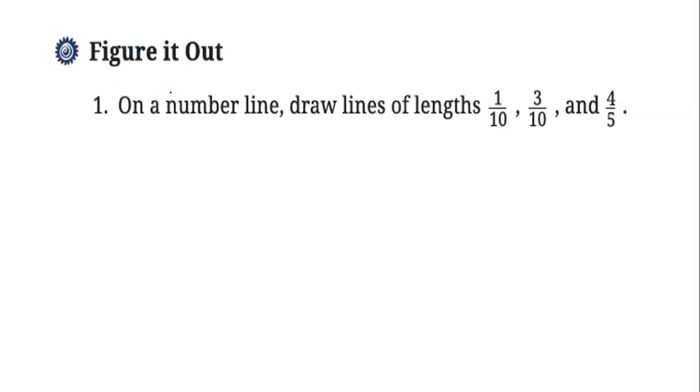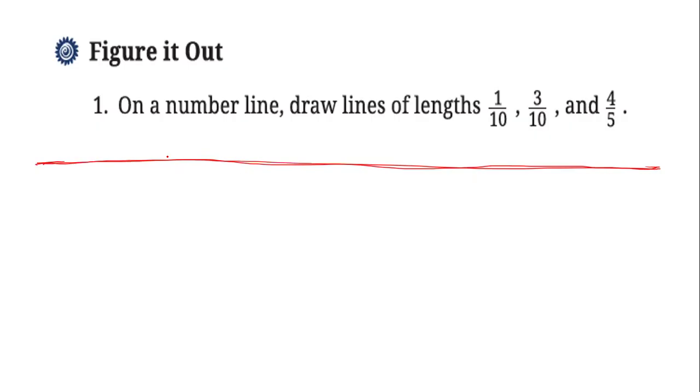Next, figure it out. On a number line, draw lines of length 1 by 10, 3 by 10, and 4 by 5. This is the number line. 0 to 1.